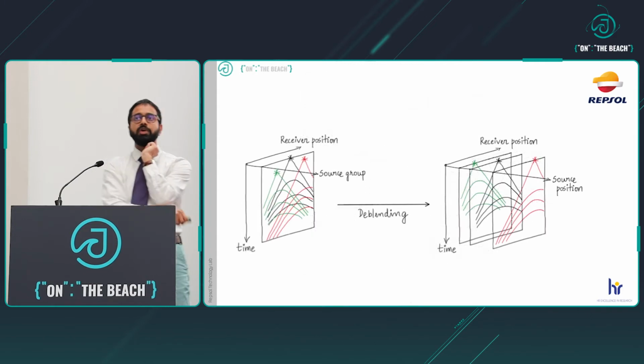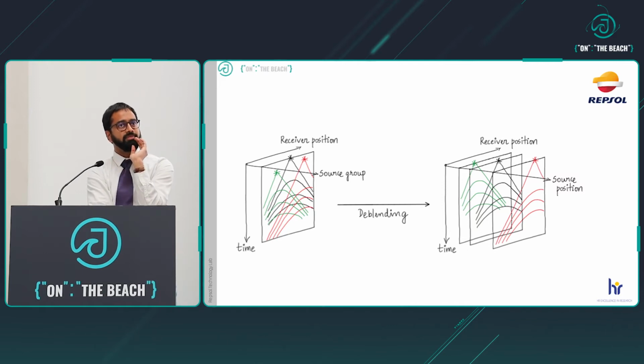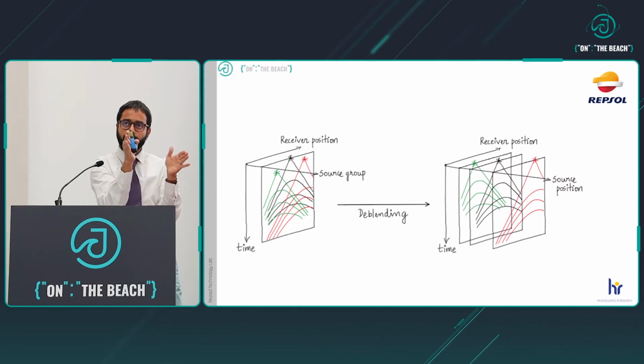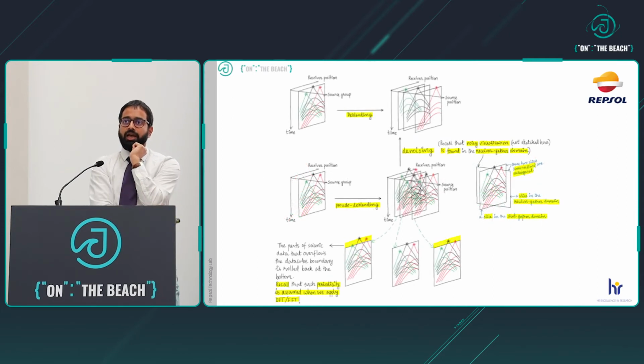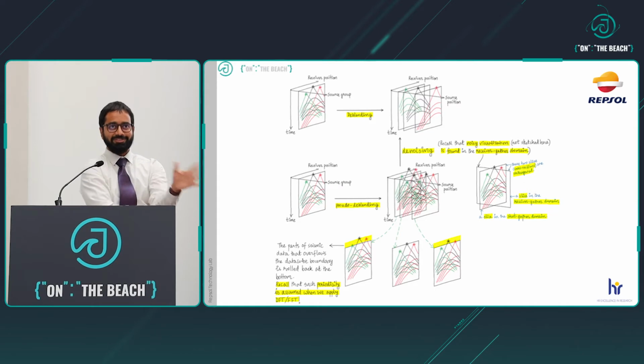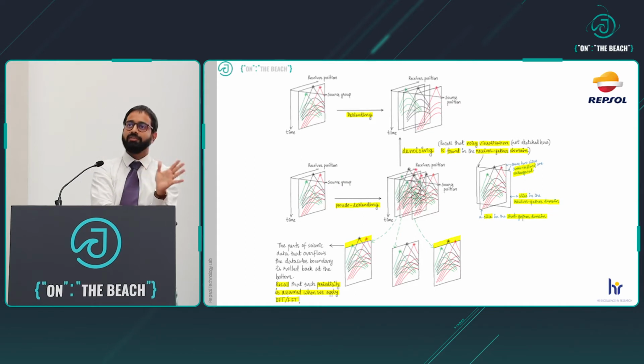Instead of shot index, you have source group indices, and you have to move from there to here. That's the first problem. And this cartoon is basically what I have demonstrated again, if you want a quick glance.